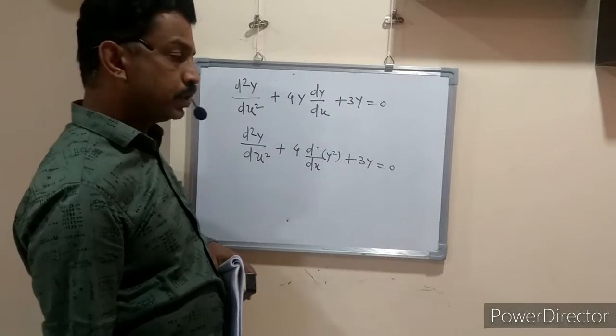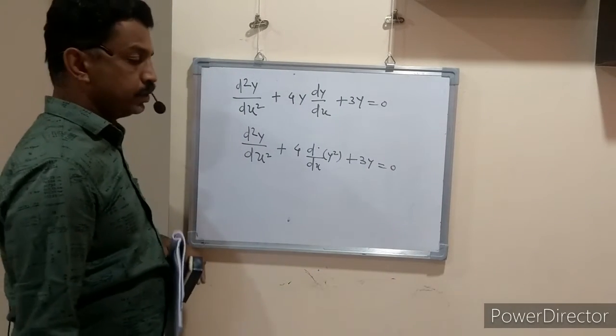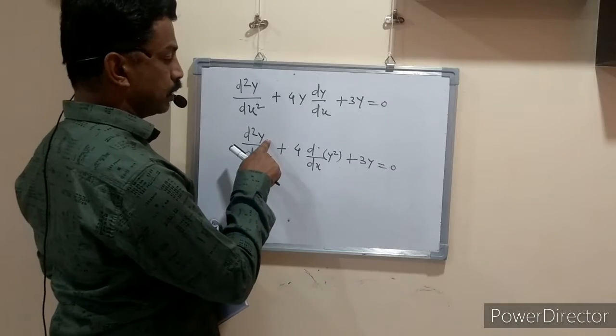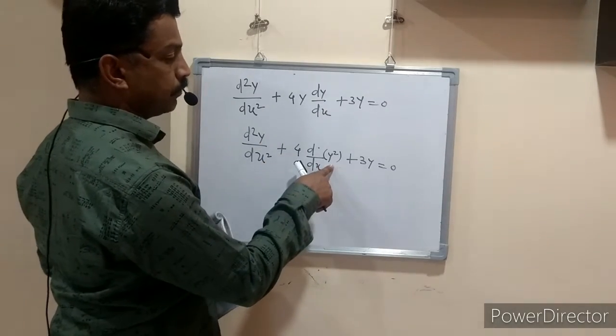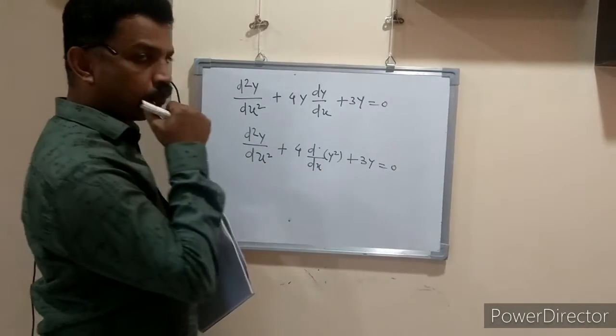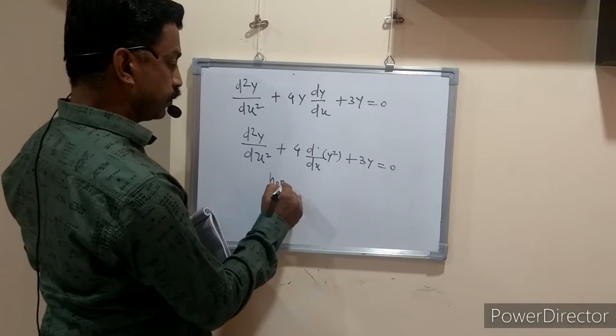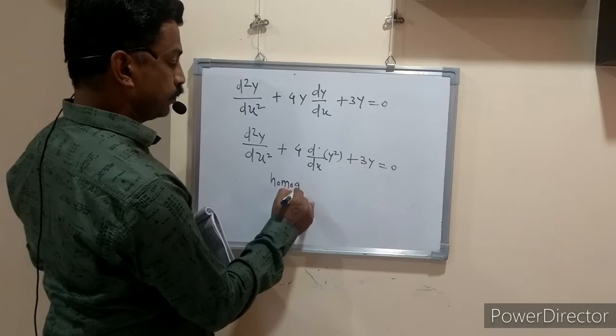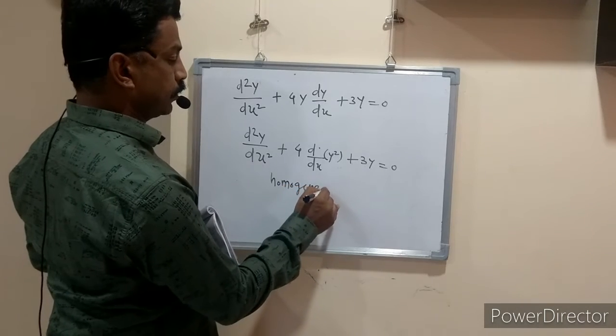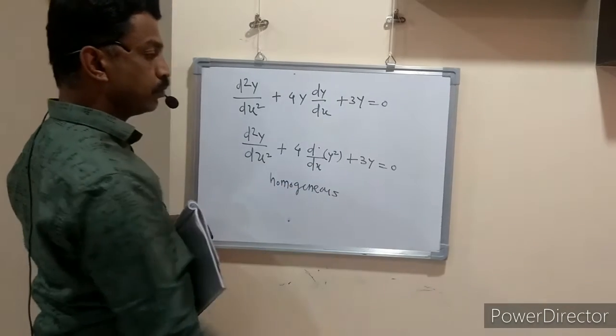Now is it homogeneous or non-homogeneous? Here the dependent term y is present, here the dependent term y is present, and here the dependent term y is present, therefore it is homogeneous. So this equation is homogeneous.